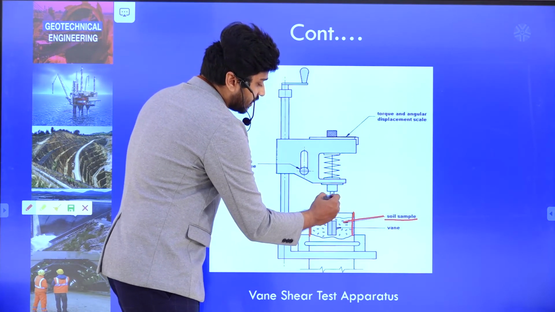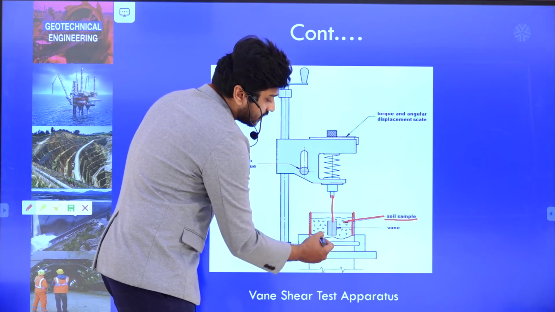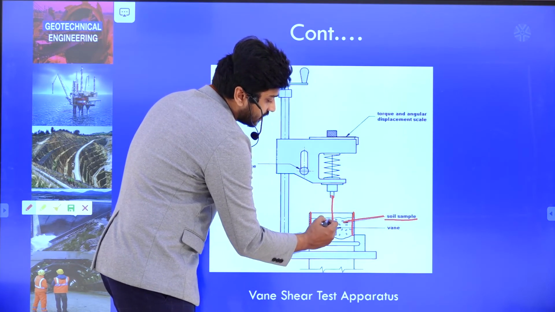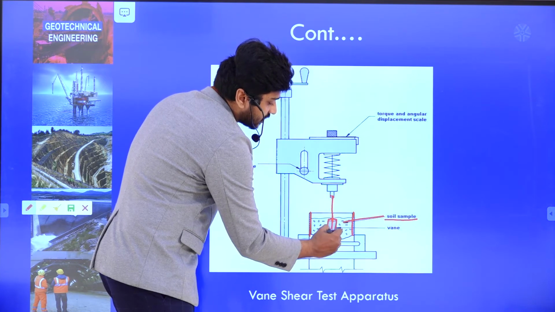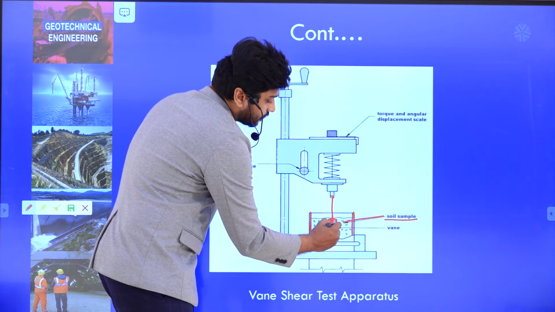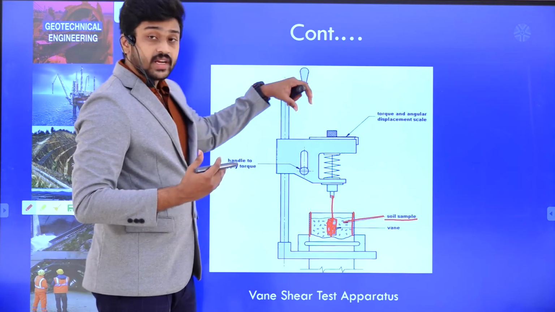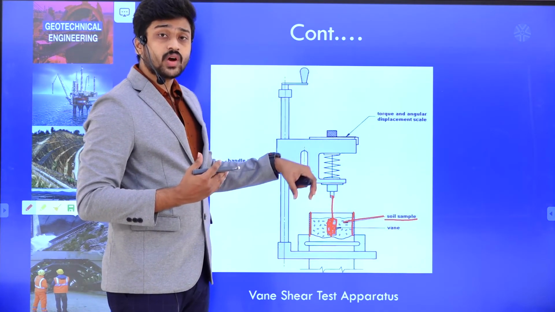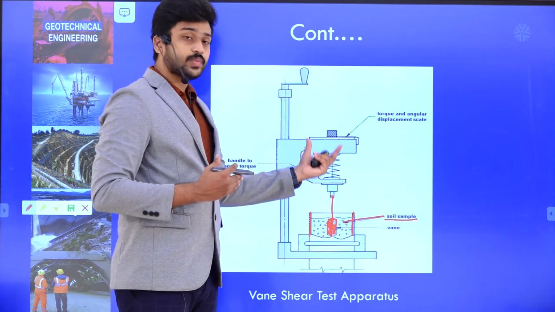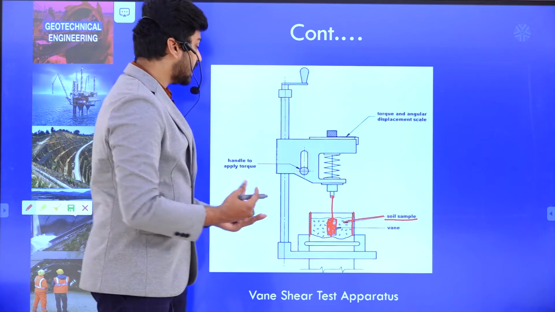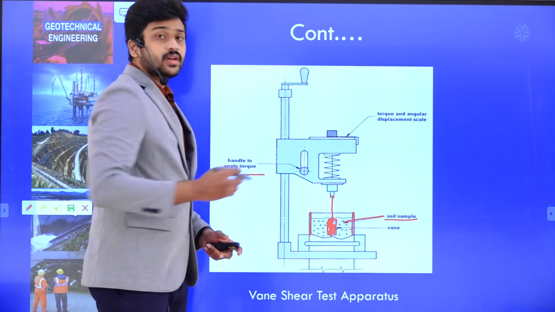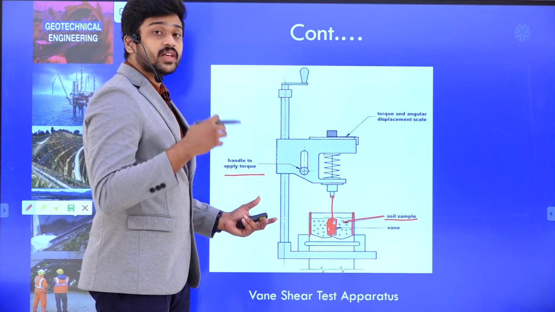This is a typical vane. Just highlighting this once again, this is a vane sort of arrangement having blades. It is penetrated into the soil with the help of a spring sort of arrangement, which is attached to some arrangement where torque can be applied.